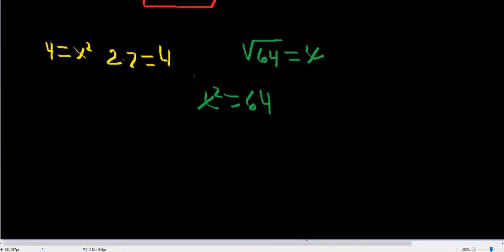We'd expand it to this. And then we know that x to the second equals 1 through 63. We know that x squared equals 1 through 63 squared.